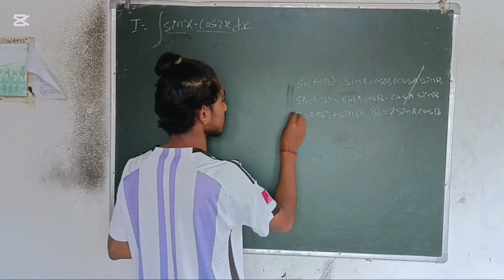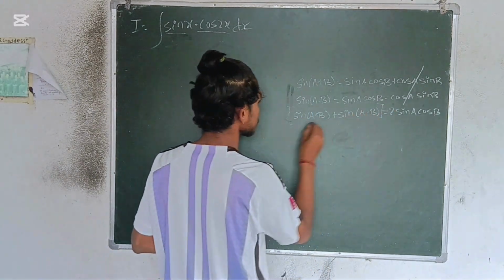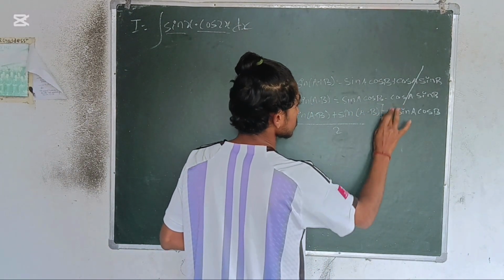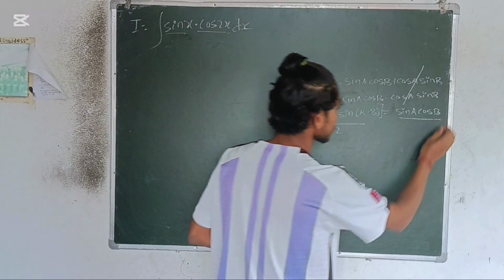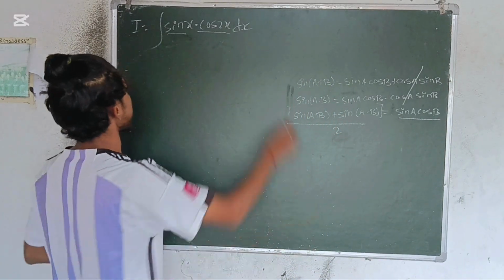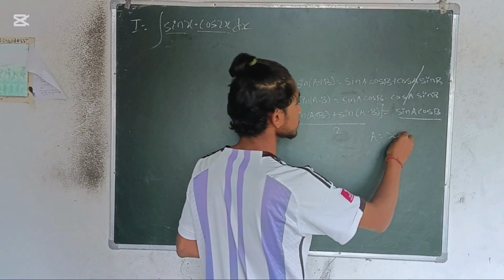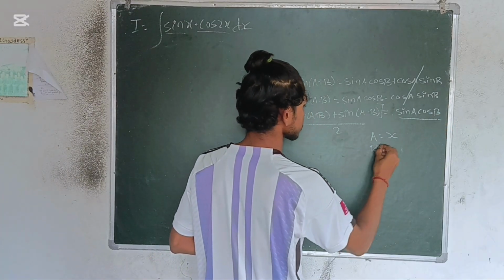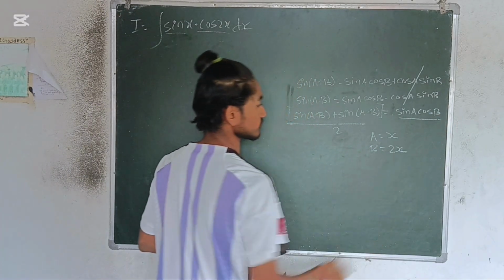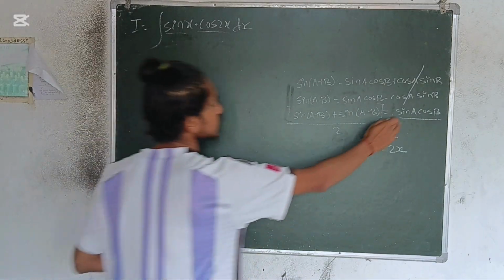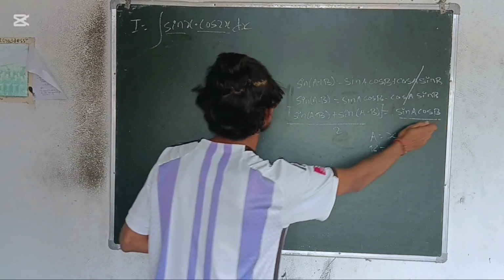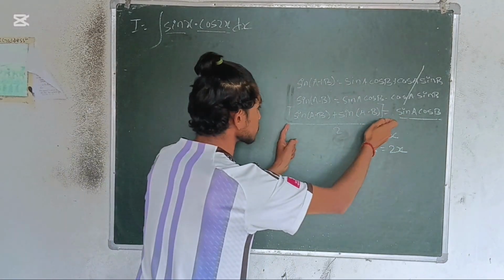If you divide the whole equation by 2, you get this format. So in terms of a, we can substitute x, and in terms of b, we can substitute 2x. Now we can substitute this relationship for sine a cosine of b.